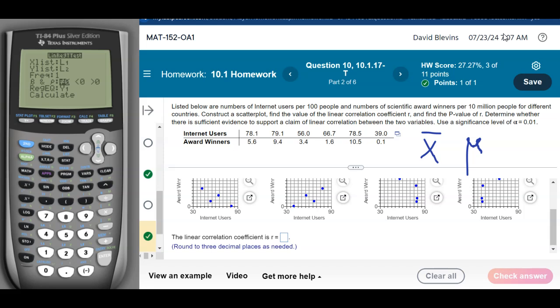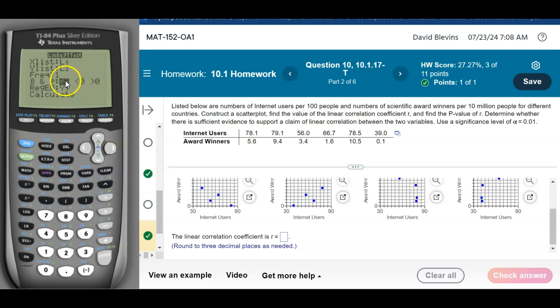The same thing happens with the measure of how well a line fits data: in a sample we use R, but for a population we use the Greek letter rho. So rho is the population version of correlation, and R is the sample version. We select not equal to because it doesn't specify a direction.